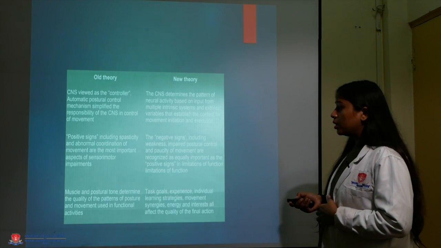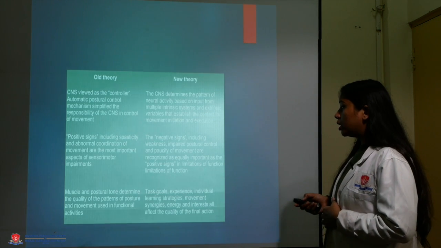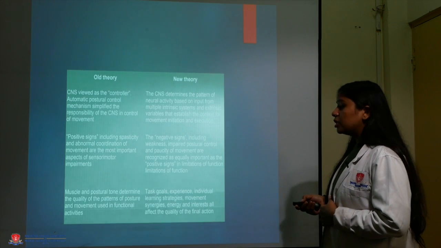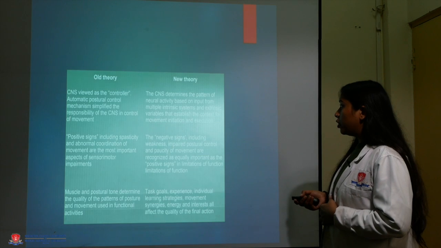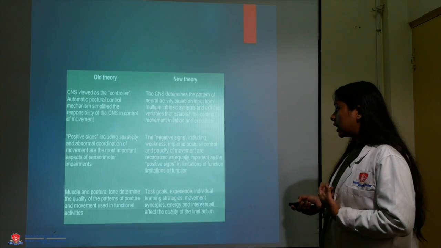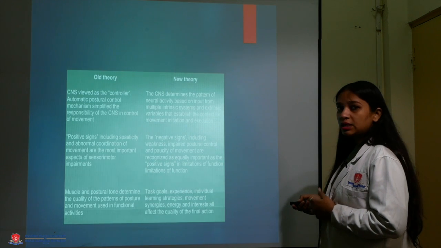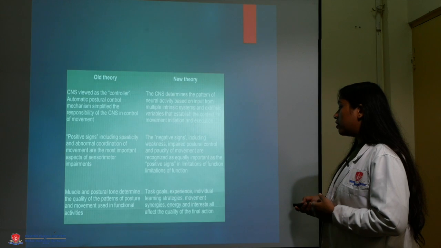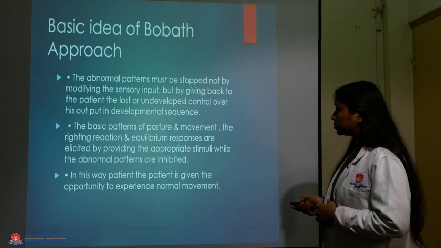In the old theory, muscle tone and postural control determine the quality of patterns of posture and movement used in functional activities. In the new theory, task goals and task-oriented approaches, experiences, individual learning strategies, movement synergies, energy and interest all affect the final action.